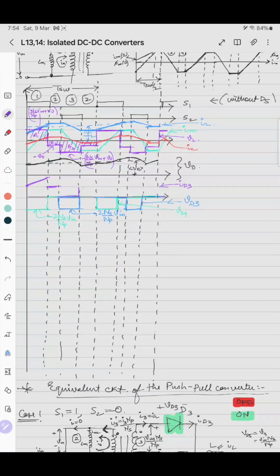Then case 2 it is again IL by 2. We'll draw IL by 2 a little bit lower, say like this, so it is like this.